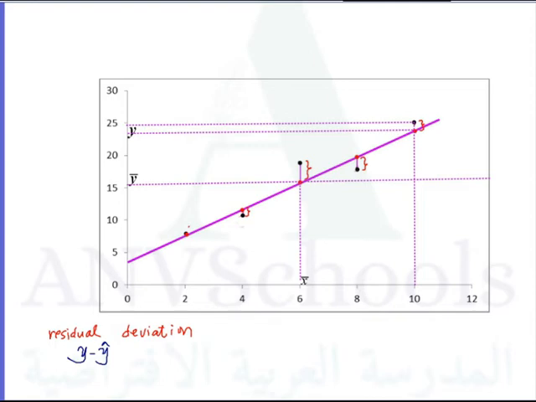Where are our y's? This is our y. We could have a y here. This is another y, the original point again when x is equal to 6. This is another point, y4, when x is equal to 8. And this is when x is equal to 10.